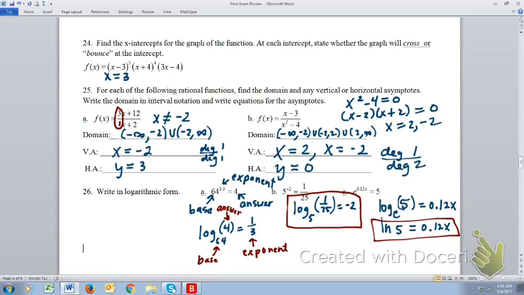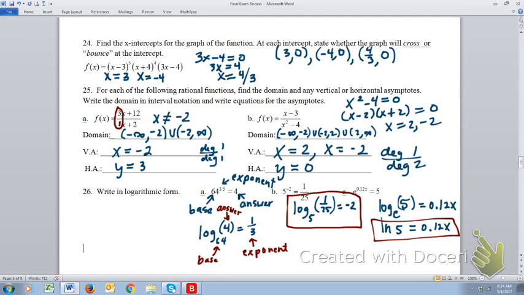So first of all, we have a 0 of 3, negative 4, and if we set 3x minus 4 equal to 0, we're going to get 3x equals 4, which means x is 4/3. So 4/3 is our third 0. Let's go ahead and write these as intercepts. So 3, 0, negative 4, 0, and 4/3, comma 0.